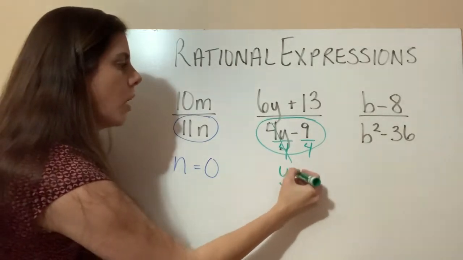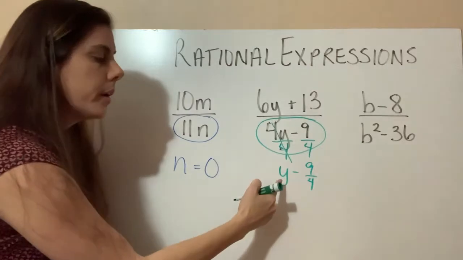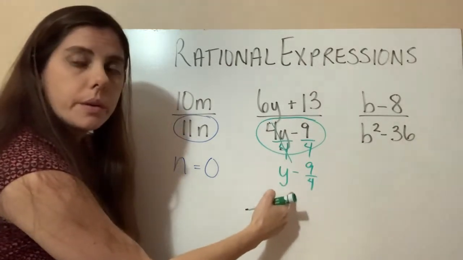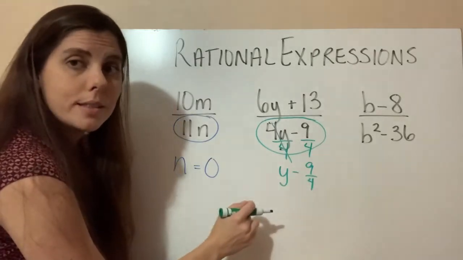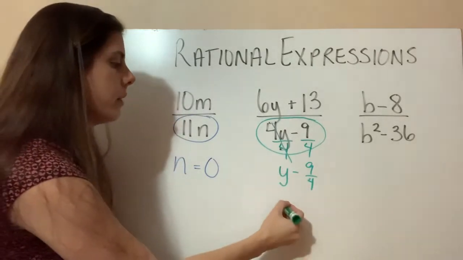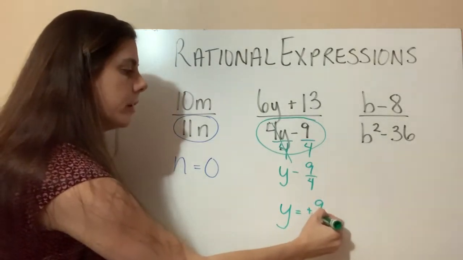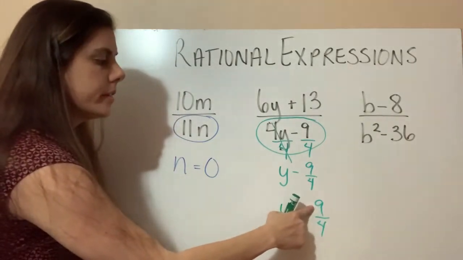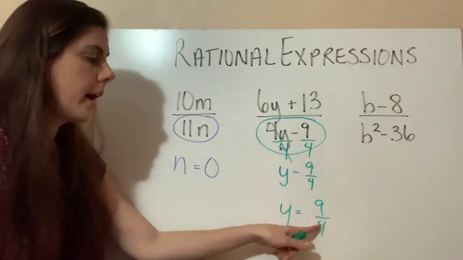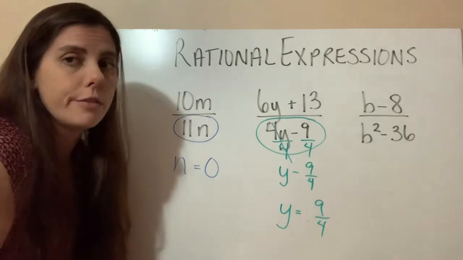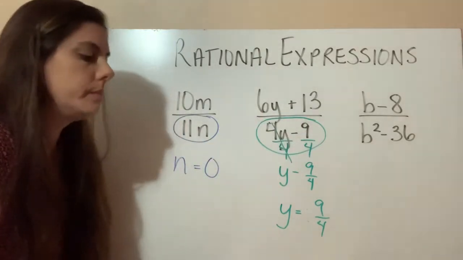Then I'm going to have y minus 9/4. Remember, in order to get this to equal 0, the y is going to have to be the opposite of the constant. So y is going to have to equal a positive 9/4. That positive sign is not necessary to write, so just 9/4. So 9/4 minus 9/4 will equal 0. Therefore, the whole bottom would equal 0.